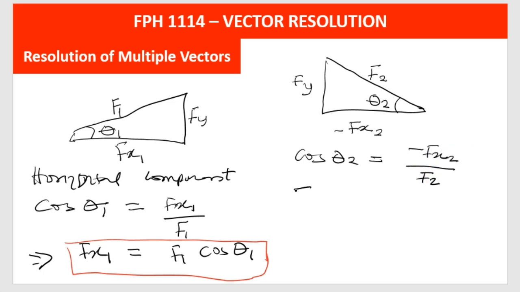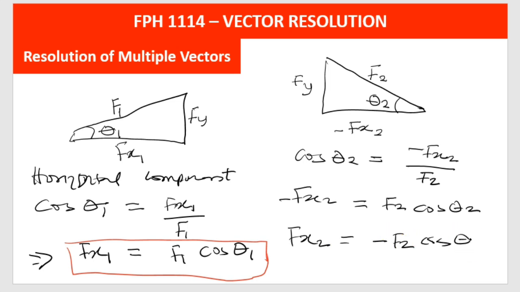So here we have Fx2 minus is equal to F2 cos theta 2. But we need to let go of this minus from the left hand side of the equality sign. So we have Fx2 to be equal to minus F2 cos theta 2. So this is what we have on the second quadrant for resolution to the x direction or x component. So we underline it this way.